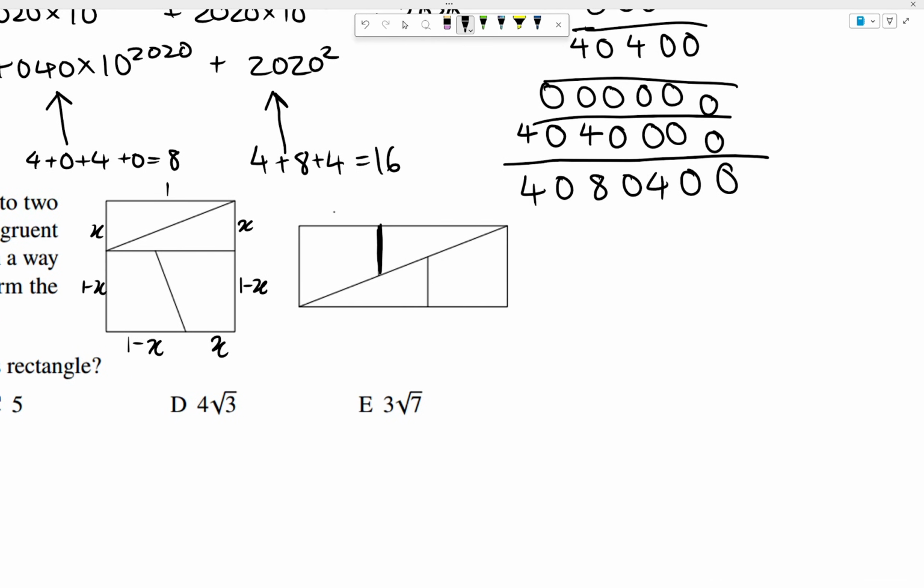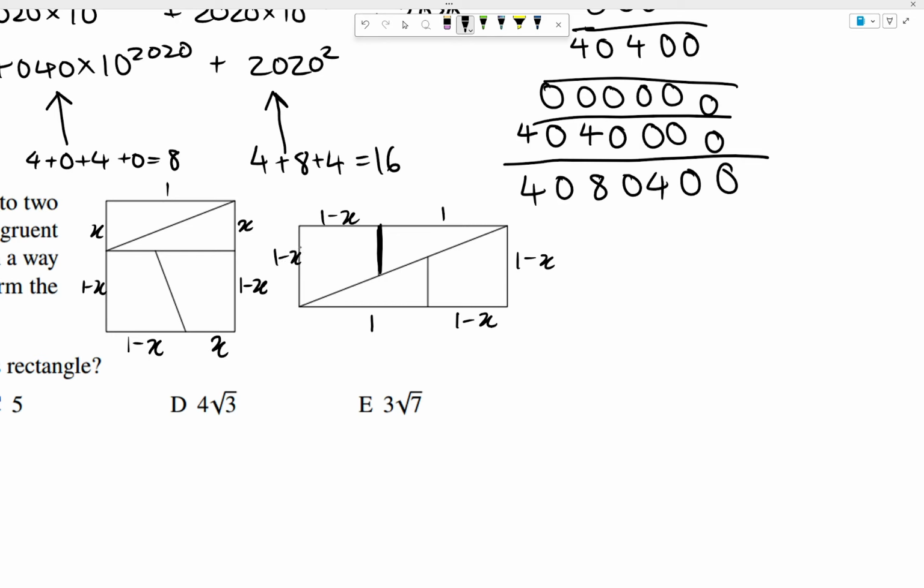Or in fact, the x's might cancel out when we plug them into the rectangle. So I'm going to label the lengths that we've got. 1 minus x, 1 minus x, 1, and 1 minus x.